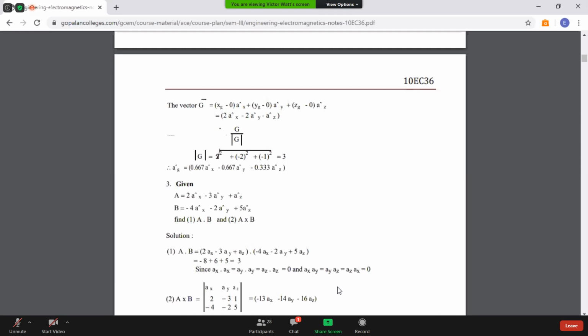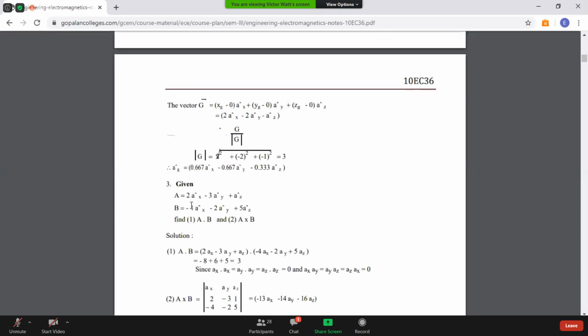A dot B is the modulus of A times the modulus of B times cosine of the angle between them, right? Yes, sir. A dot B is A times B times cosine of the angle between them, right? Yes.